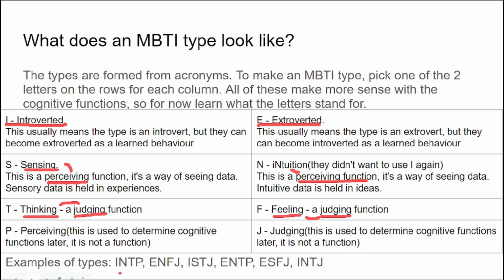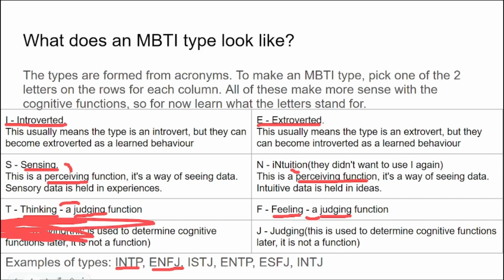I've got some examples of types here, right? Can you tell me what INTP stands for? Introverted, intuition, thinking, perceiving. Yep. Can you do ENFJ? Extroverted, intuition, feeling, judging. This is probably really easy because all of these are here.